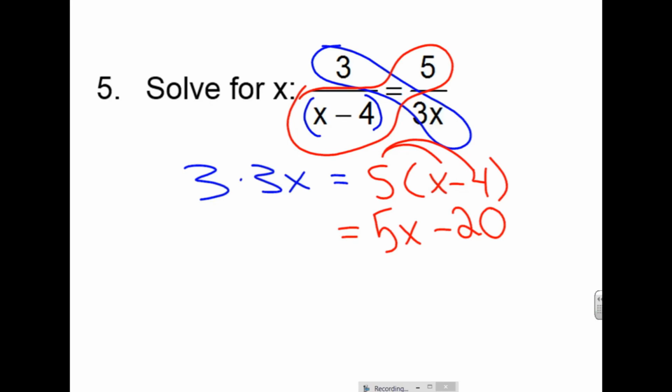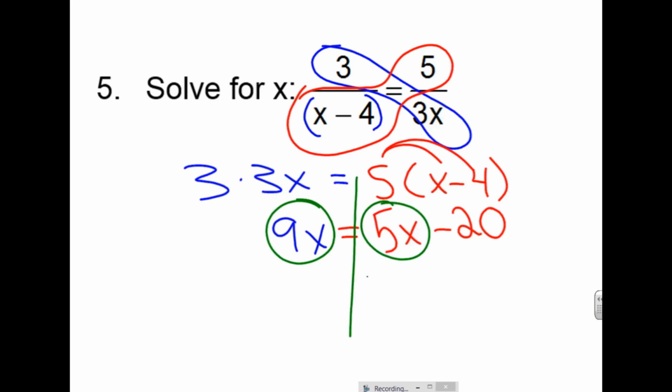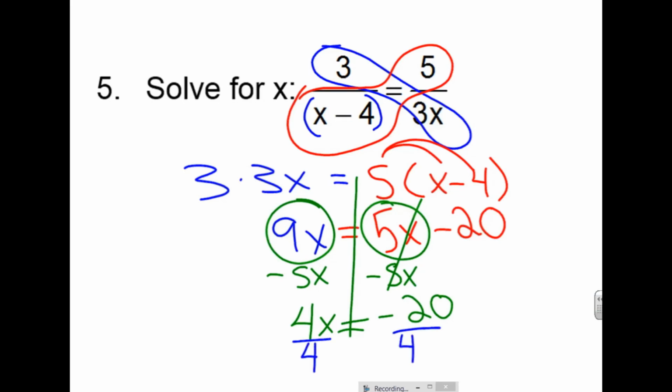And 3 times 3x is 9x. Focusing on my variable terms, which are on opposite sides, I'm going to subtract 5x from both sides. You get 4x equals negative 20. Our last step is to divide both sides by 4. A negative divided by a positive is a negative. 20 divided by 4 is 5.